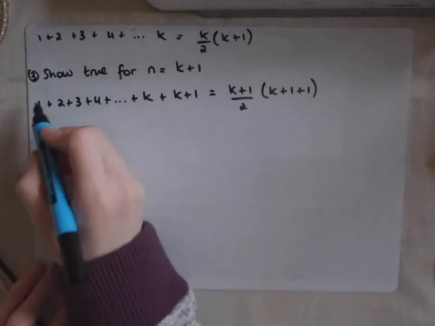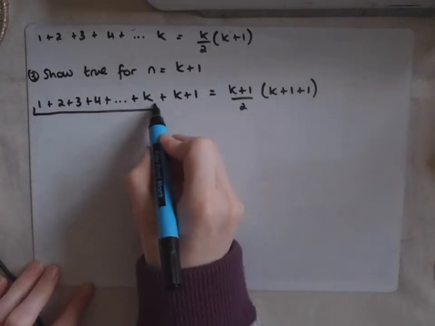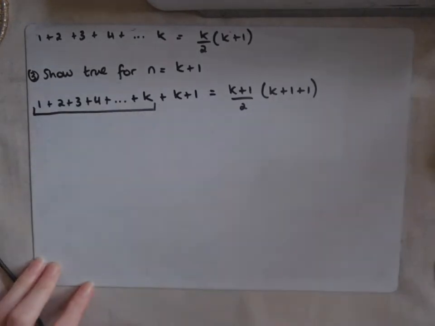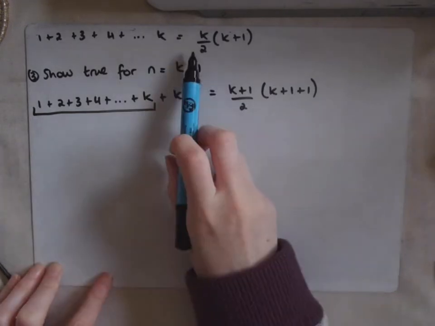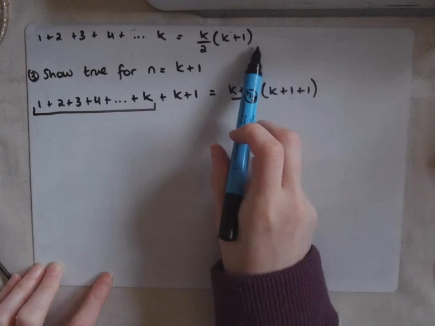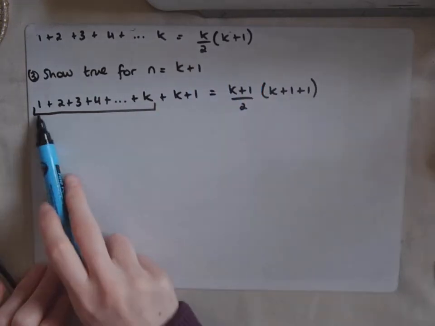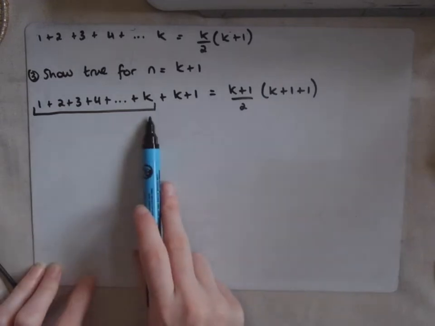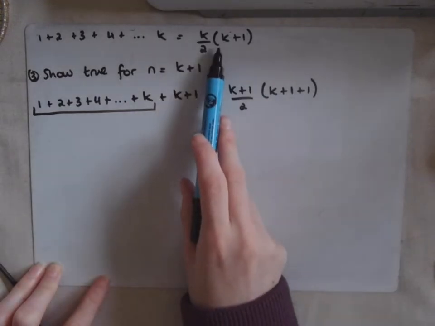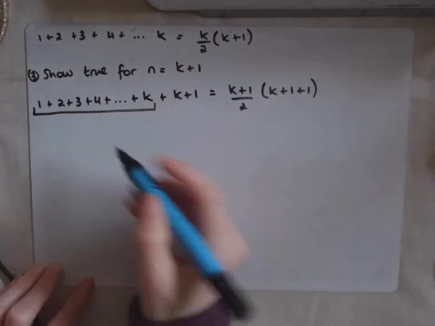Now, look at that there. You have assumed that to be true, that is equal to this. Okay? So in step 2, you assumed that this thing that I've underlined is actually equal to this thing here. So you're going to replace it.